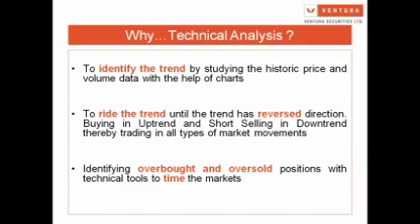If the formation of a price chart is higher tops and higher bottoms, then we can say the trend is bullish. If the formation of tops and bottoms is lower tops and lower bottoms, then it is said to be a bearish trend. And in a sideways trend, we see both tops and bottoms at almost the same level, neither going up nor going down. So technical analysis helps to identify the trend with the help of the tops and bottoms position.